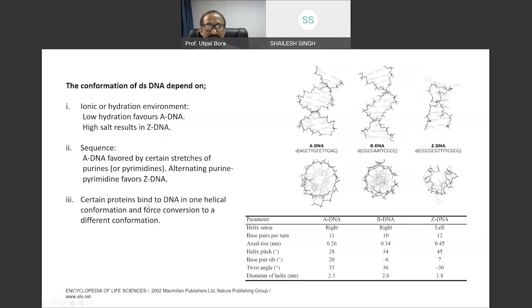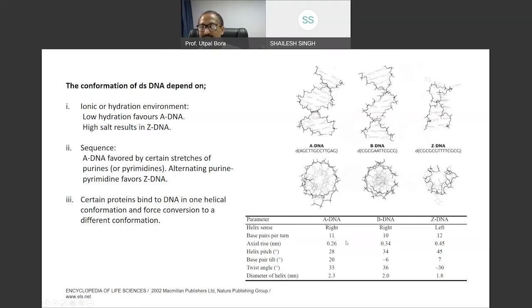Then certain proteins bind to DNA in one helical conformation and force conversion to a different conformation. So for example, a protein may bind to a DNA and later on convert it into Z-DNA or vice versa. So these are the various conformations of DNA: Z-DNA, B-DNA, A-DNA.